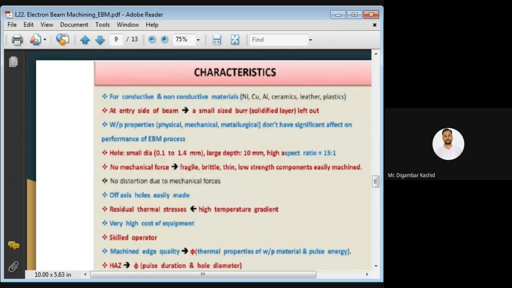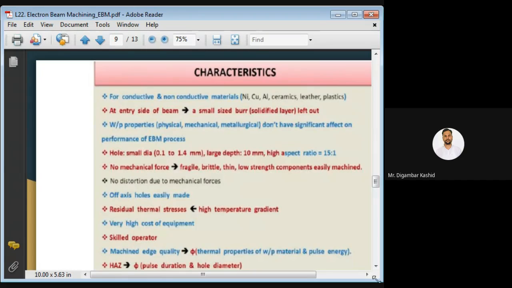There is a huge amount of temperature generated locally on the workpiece surface where this beam falls. So off-axis holes can be easily made, but thermal residual traces are there due to the high temperature gradient.